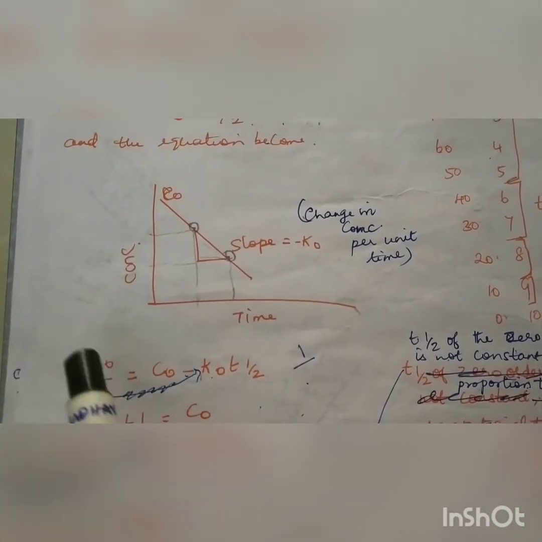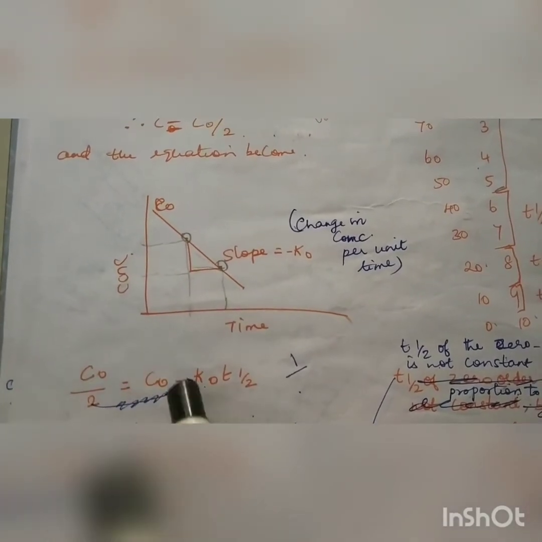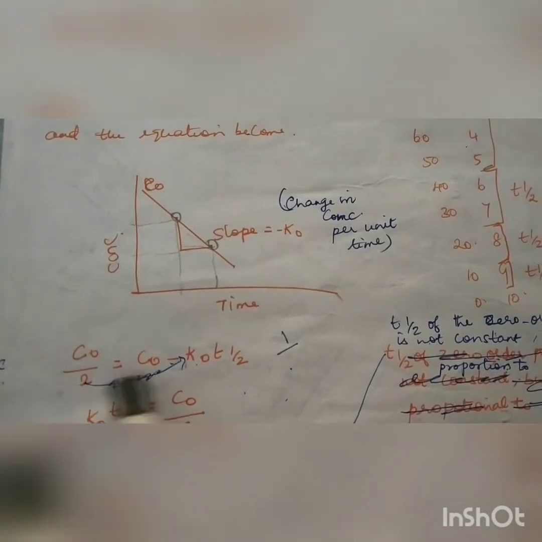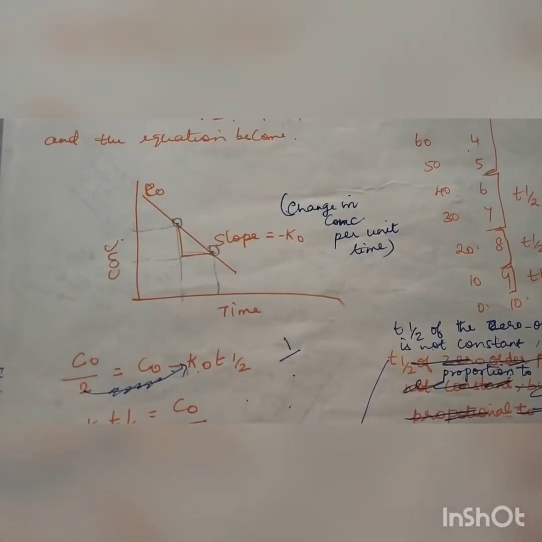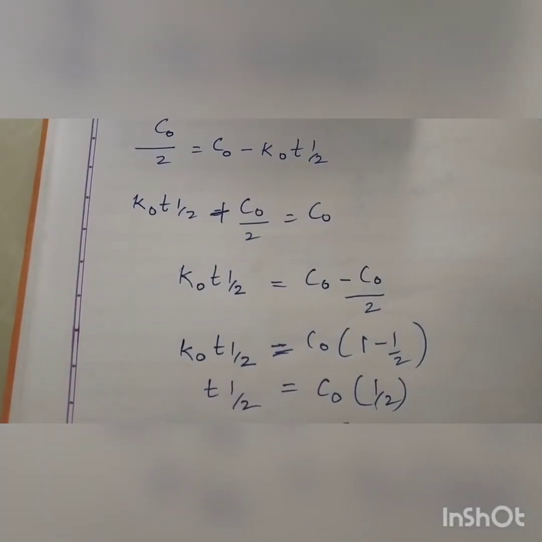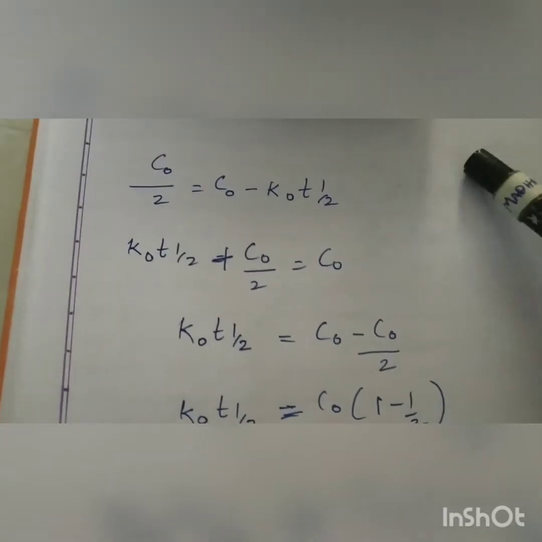The remaining is the same in the final equation. Instead of this C, we are just substituting C0 by 2. So the same equation we have substituted.